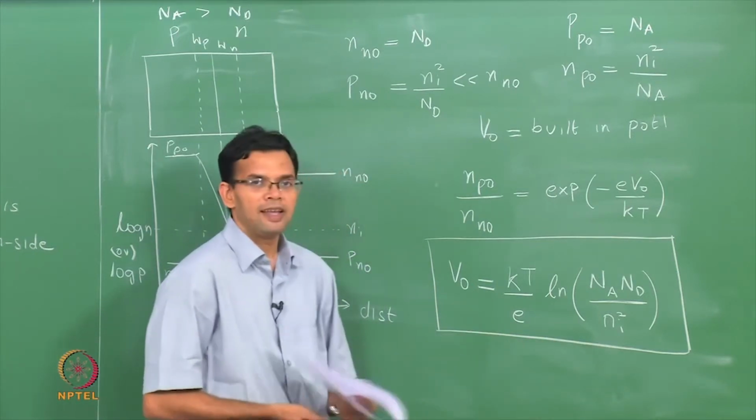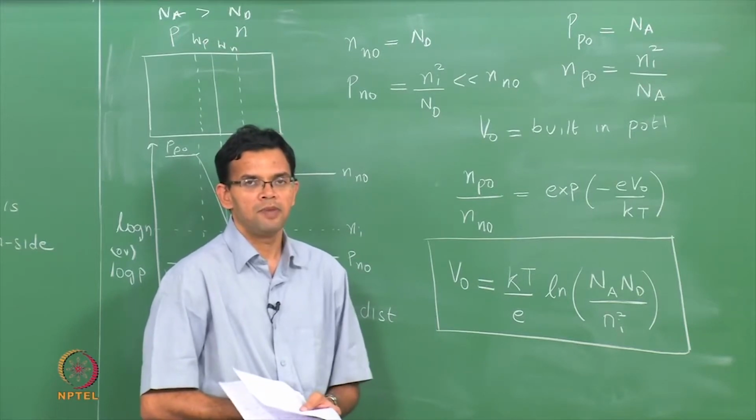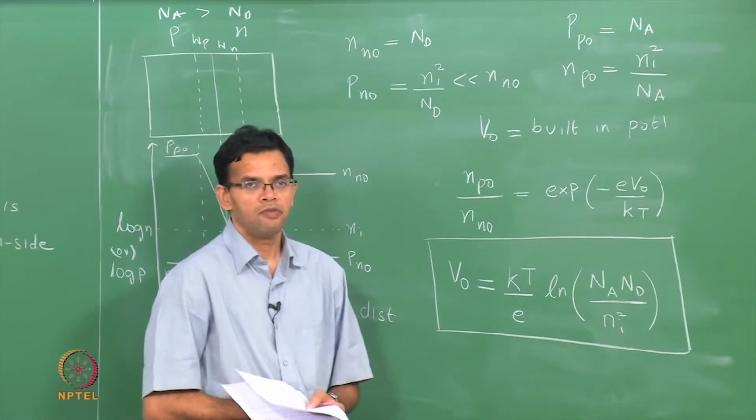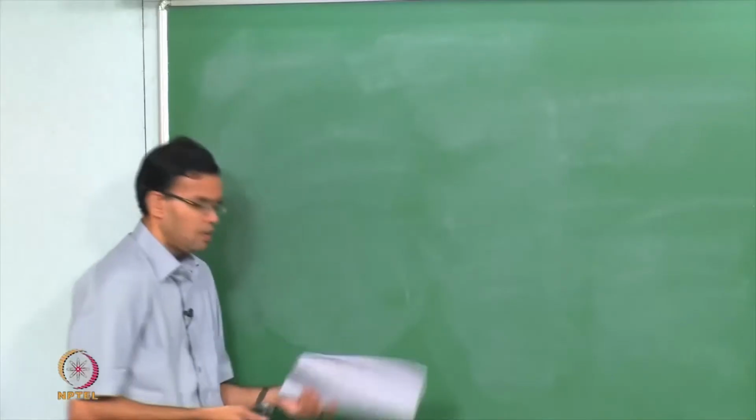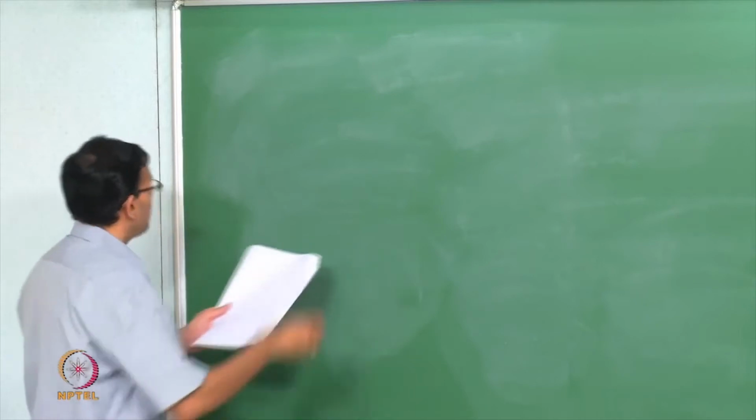We can also calculate the width of the depletion region that forms when we have a p-n junction. Let me just redraw the junction again.